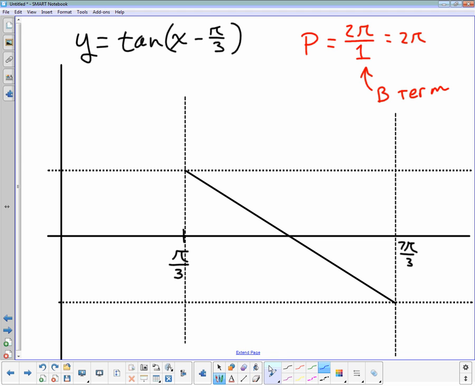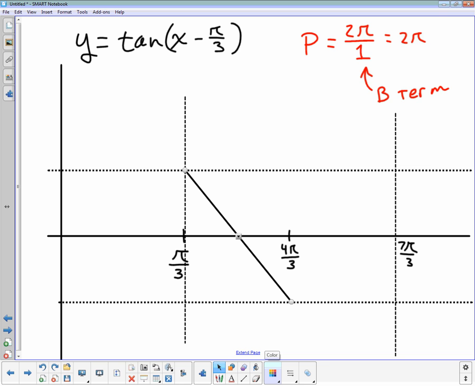Now, this transversal is there just for graphing purposes. It is not part of the graph. And the average of pi over 3 and 4 pi over 3 gives 5 pi over 6.